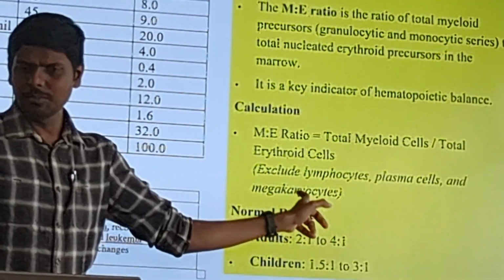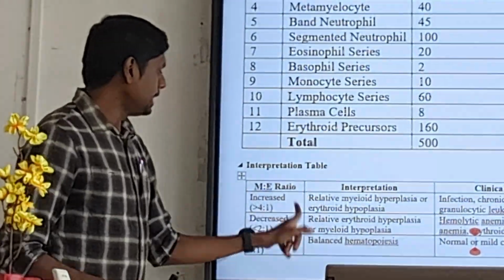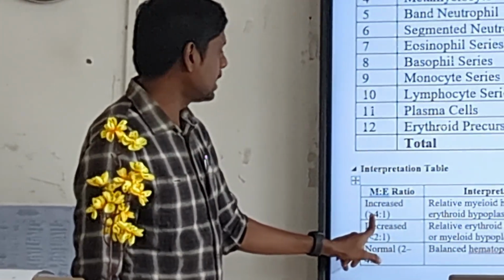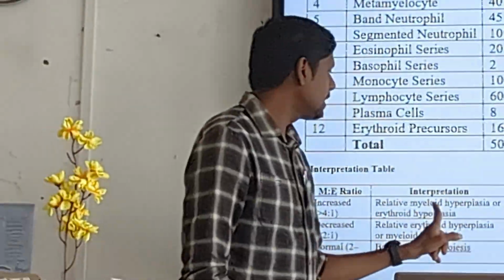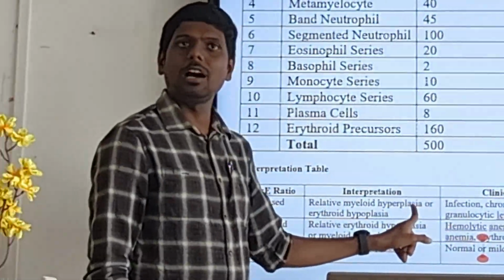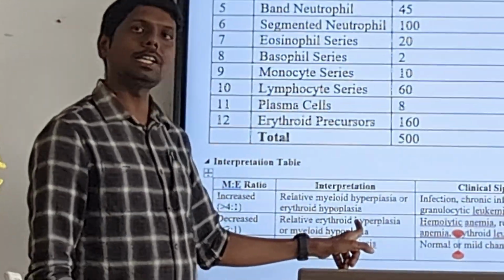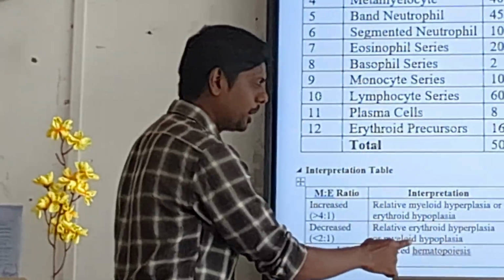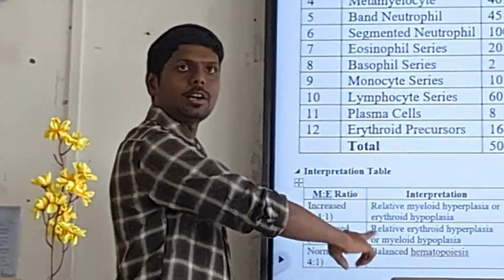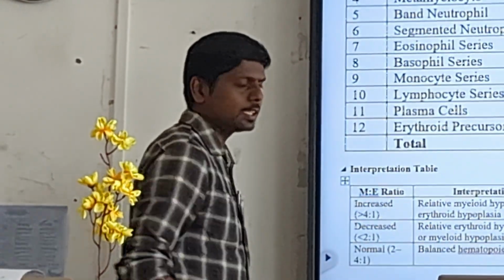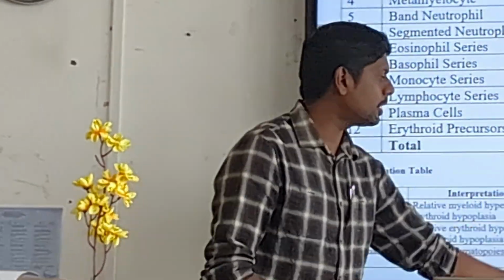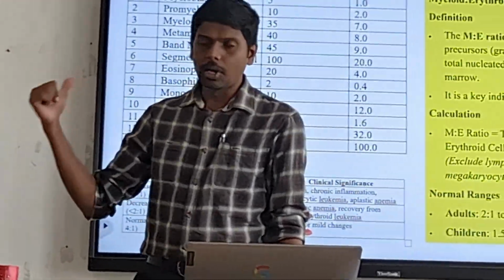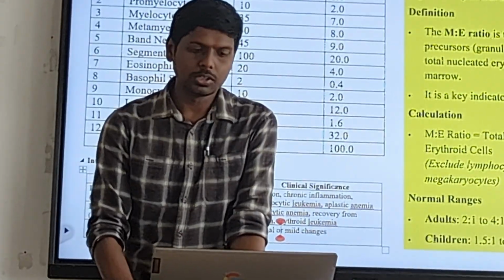Then the interpretation: if the ratio is more than 4, that indicates myeloid hyperplasia or erythroid hypoplasia. If the ratio is less than 2, it indicates myeloid hypoplasia and erythroid hyperplasia, vice versa. And the normal count is this one. And we have seen the associated clinical significance. So this is one of the important topics for your exam.